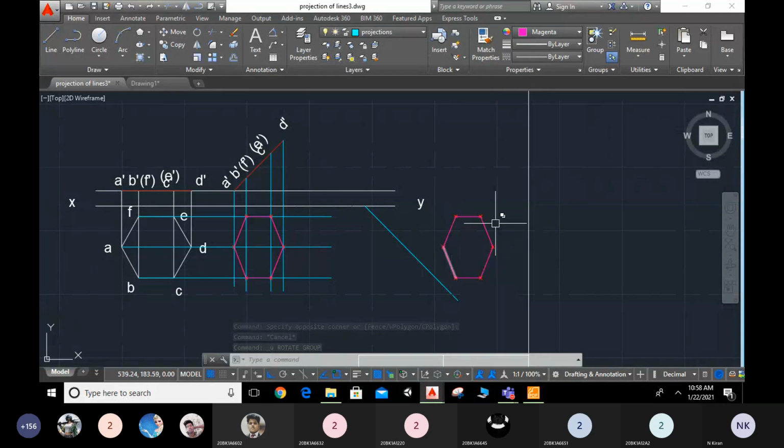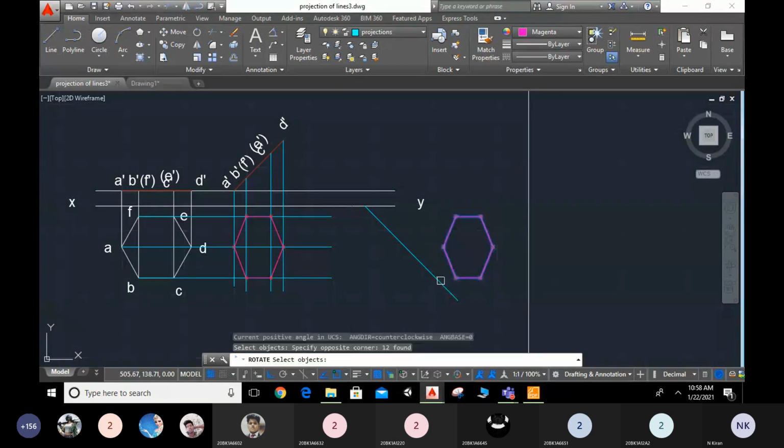Instead of that one, I will select this base point. Let us see. Okay, RO enter, and I will select this one. Enter. I will select this base point.